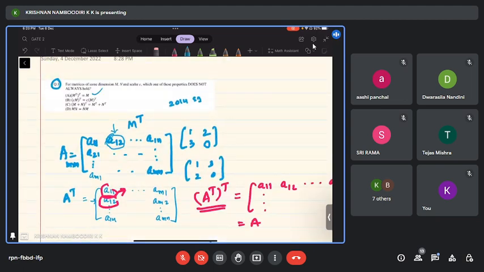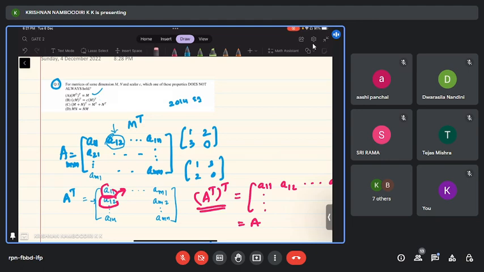So now consider the second property. So C is a scalar. I am multiplying the matrix with a scalar, means I am multiplying each element in the matrix with C, and I am taking the transpose of the resulting matrix. Is that equal to C times M transpose? They are equal, right?